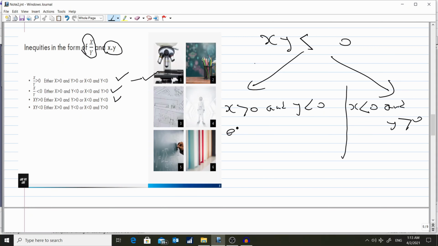For example, x greater than 0 is 2 multiplied by y less than 0 is minus 1. Therefore the final answer is also a negative value. Here x less than 0 is minus 5 multiplied by y greater than 0 is 10. We get minus 50, so less than 0. These are the solutions that satisfy the inequality expression. So we have finished all the theory.